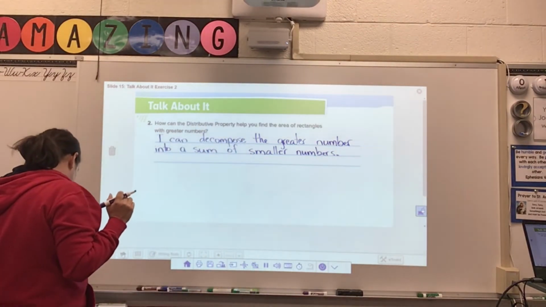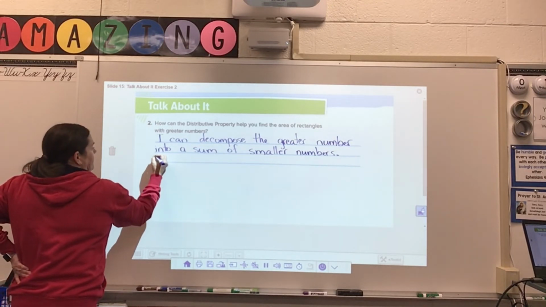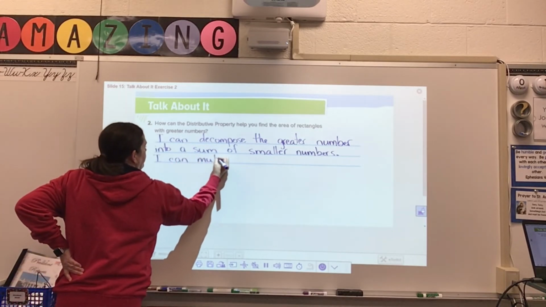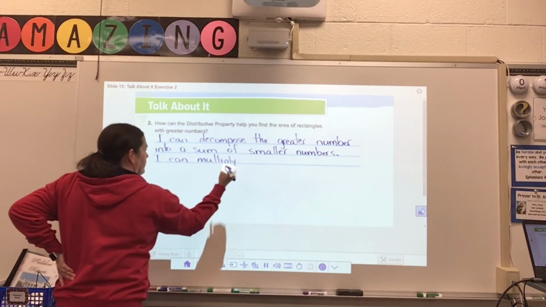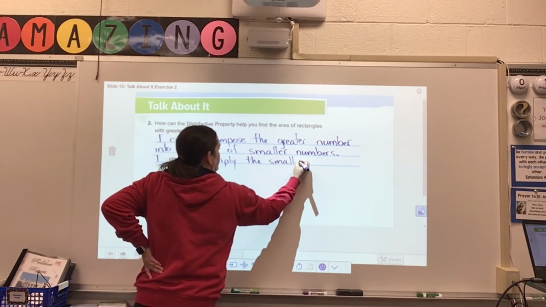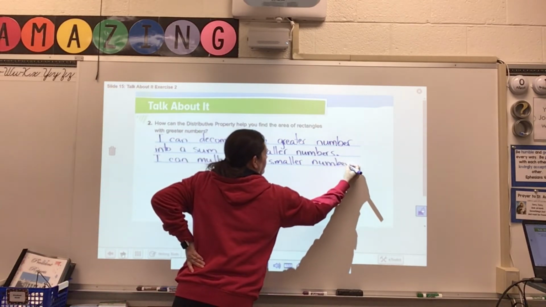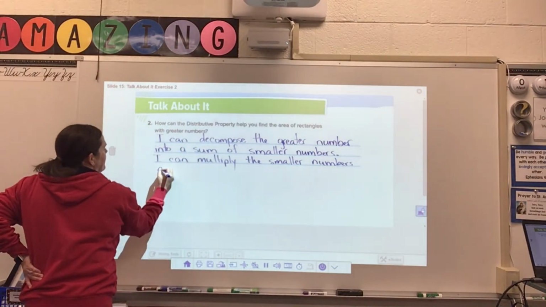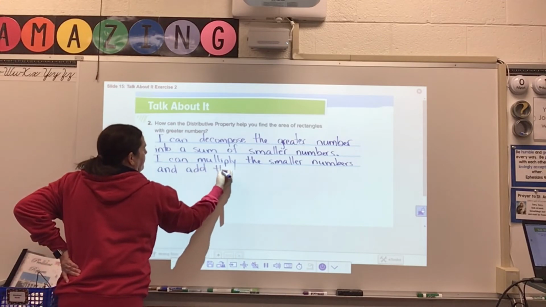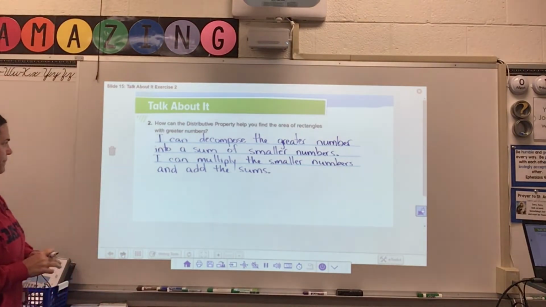And then what I can do is I can multiply the smaller numbers and add the sums. Okay.